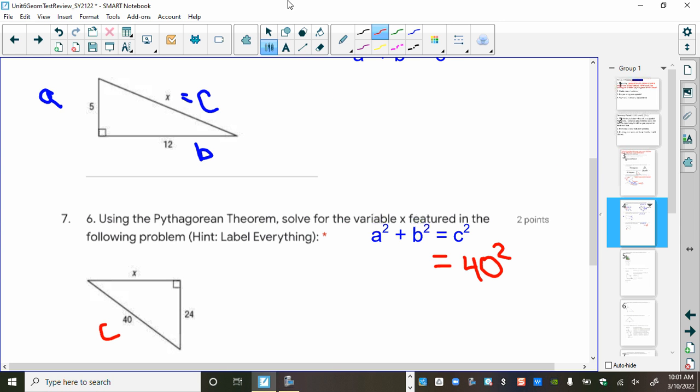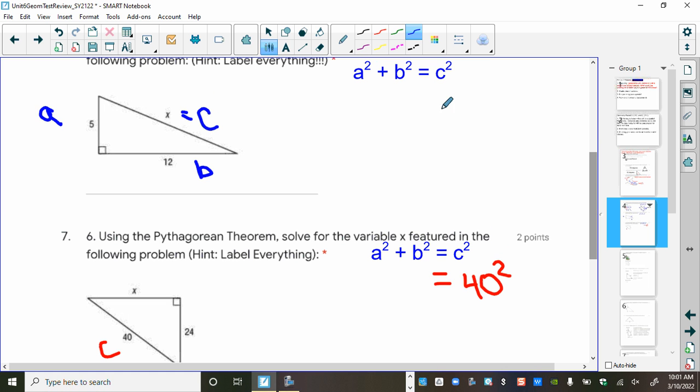Because unlike the previous one, there's your setup.